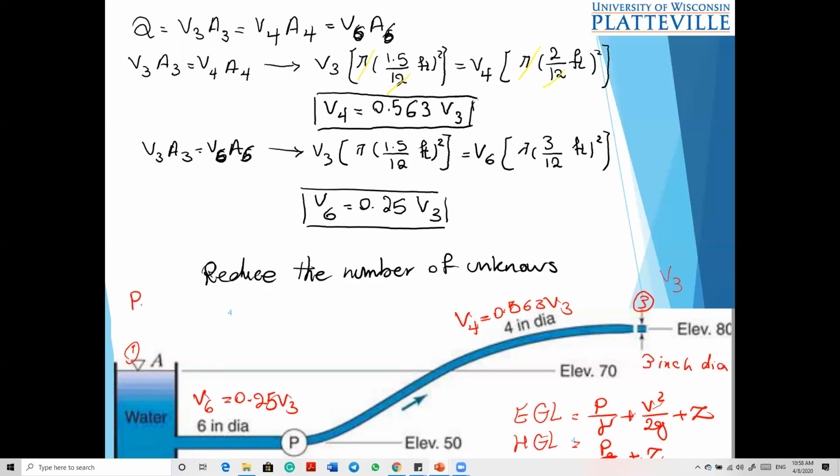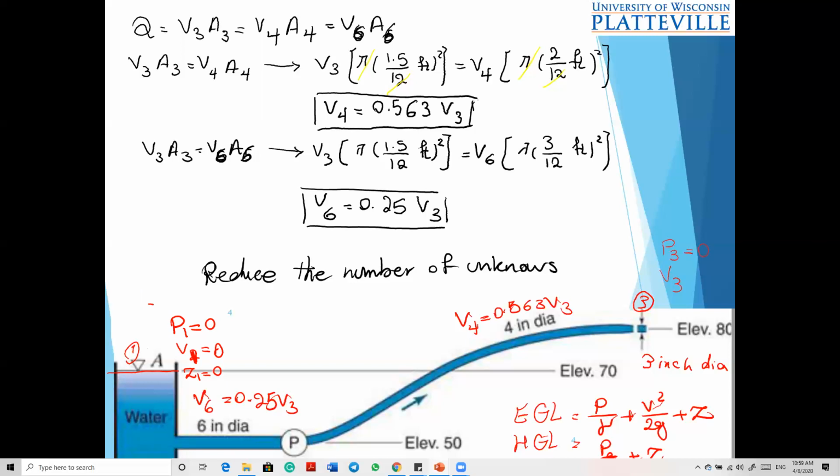Because we know it's open to atmosphere, so pressure at point 1 is 0. We know it's a large surface, so velocity at point 1 is 0. And we know the elevation. If I assume the datum is right here, my elevation is also 0. Similarly, I can think about what I have at point 3.